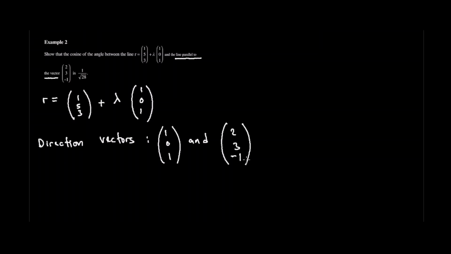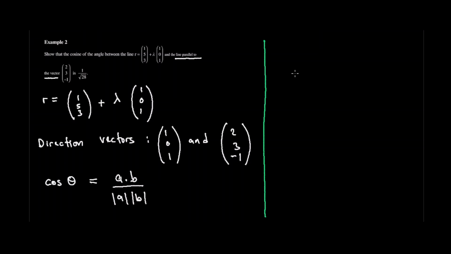So we have seen that these are the direction vectors we have. What we want here is to find the angle between. So the angle between turns out it's cos theta, and it is equal to A dot B over like this. So this is what we are going to be using to solve.